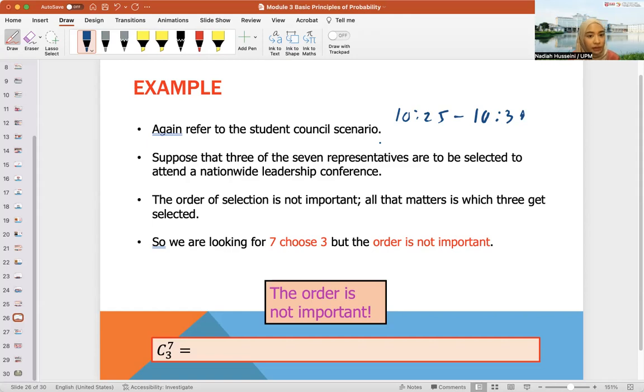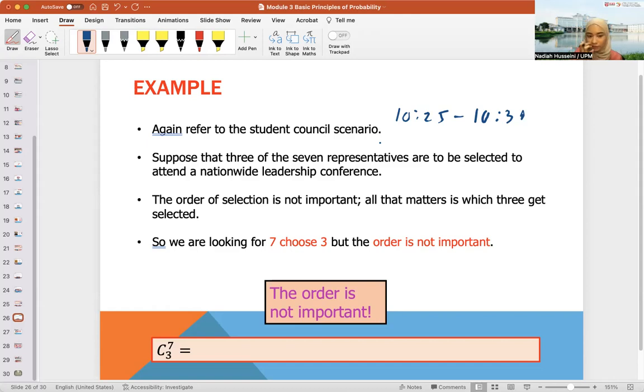I just want to select three and I want to have them attend the conference. So here, the order of selection is not important. All that matters is which three get selected. So here we are looking for 7 choose 3. Here we are using combination, not permutation, because the order is not important.